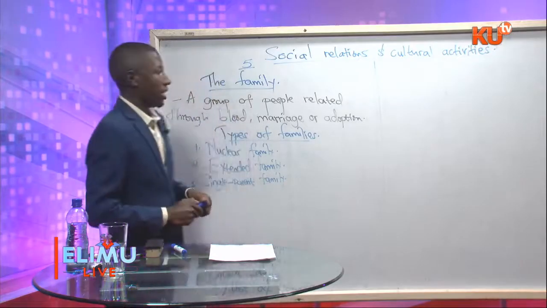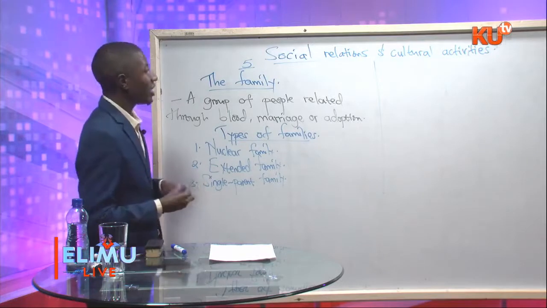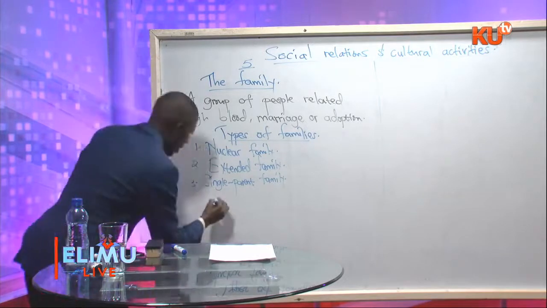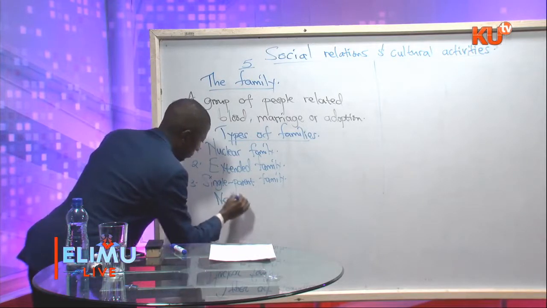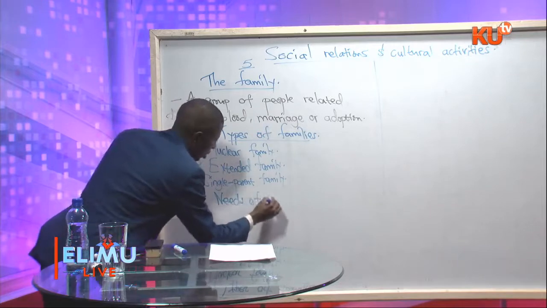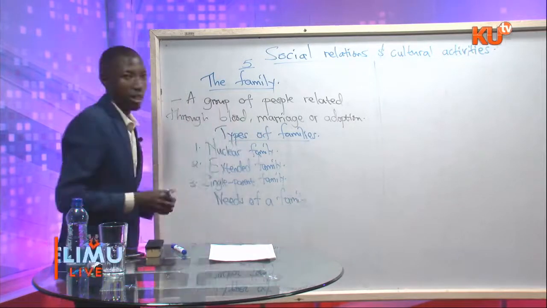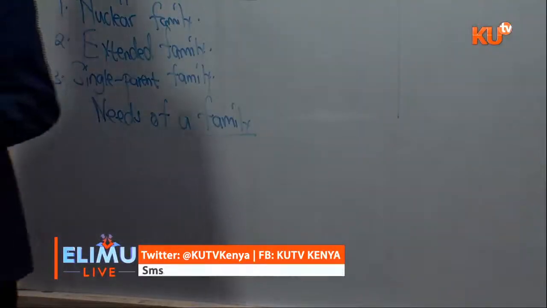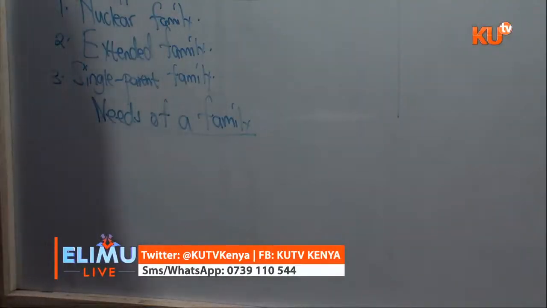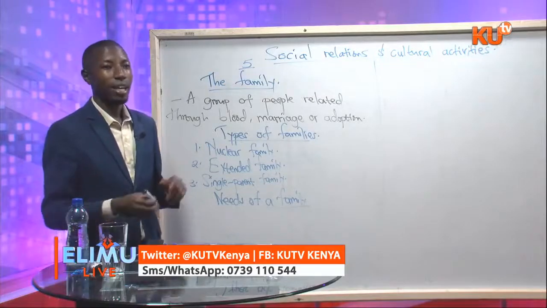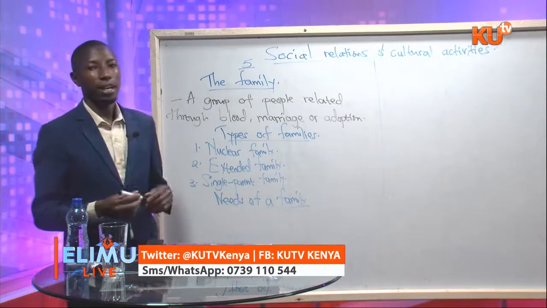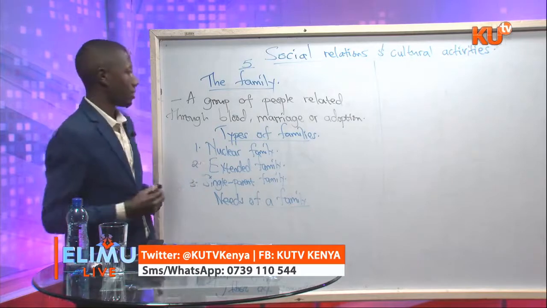Now, then you also talked about the needs of a family. Under the needs of a family, you learned that the needs are classified into two. We have basic needs, and we also have secondary needs.